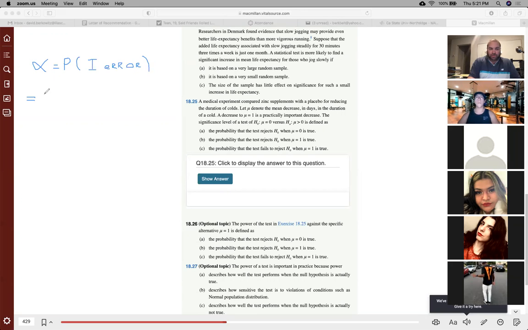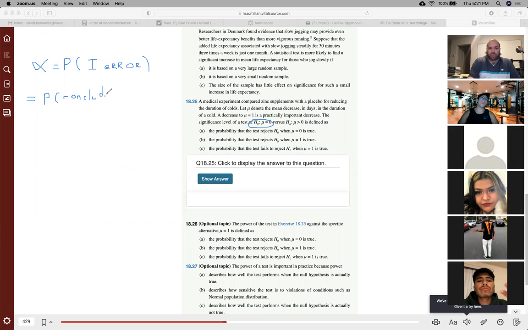So this is the probability of concluding mu is greater than 0, which is what our alternative is, when the null hypothesis is true, when mu is actually equal to 0.